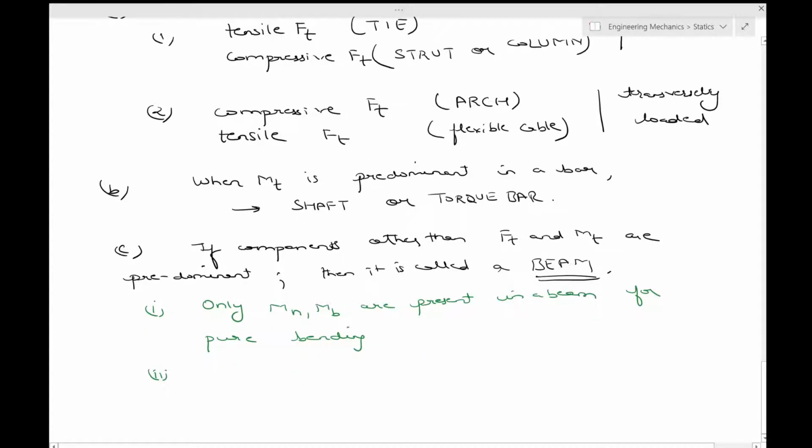Then if you have Fb and Mb, Fb, remember, was the shear force, and Fn, also a shear force, are present, then it is a transversely loaded beam.